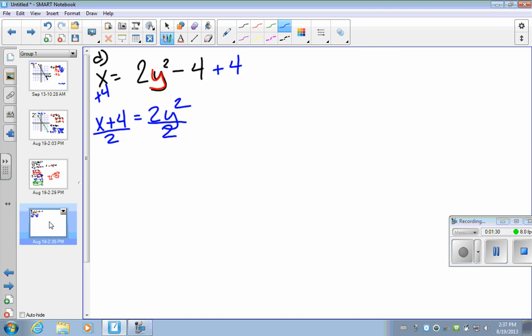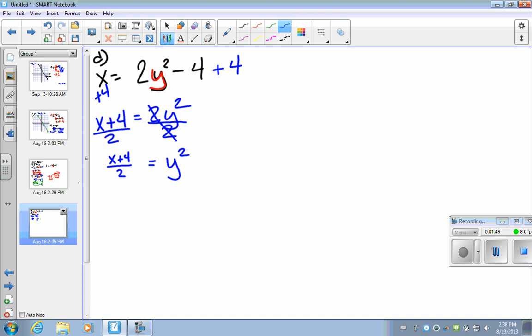But in this case, I'm just putting a bar over the whole thing. It doesn't make a difference. Same exact result. So over here, 2 divided by 2 is 1, and I have just y squared by itself. And then on the other side, I end up with x plus 4 divided by 2.